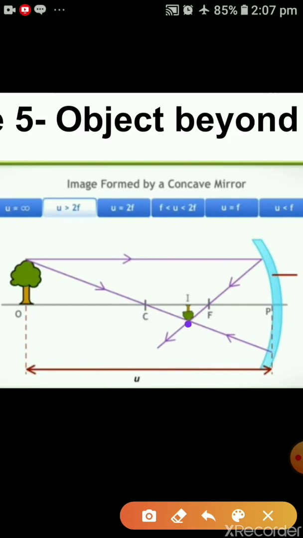Now about the characteristics of image formation, you are able to see it is inverted. Why is it inverted? It is below the principal axis. Rays are actually meeting, so it is a real image. So nature will be real and inverted. Size: you can see here, as the object is moving far, earlier in the first case we saw the object was nearer to this concave mirror.